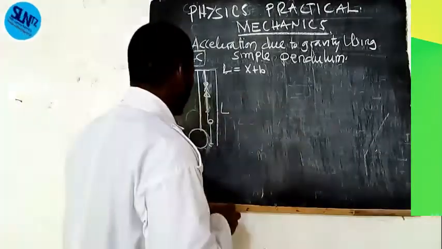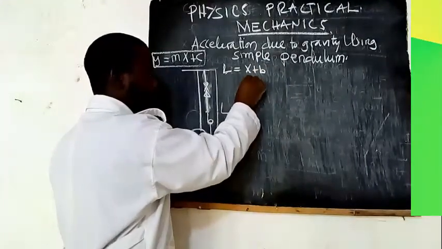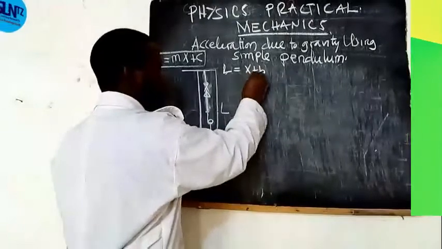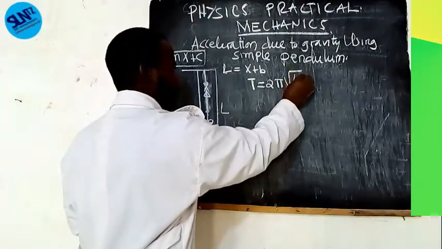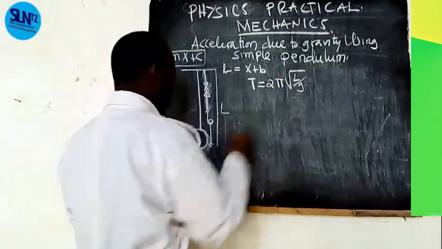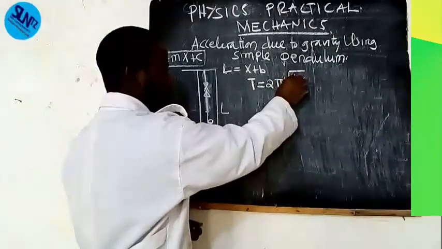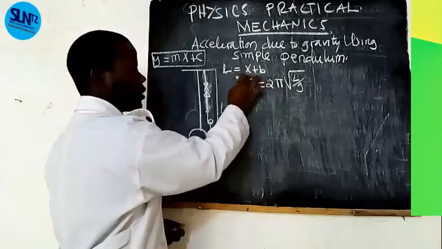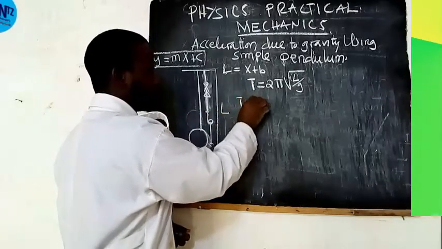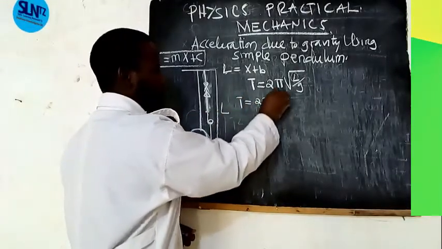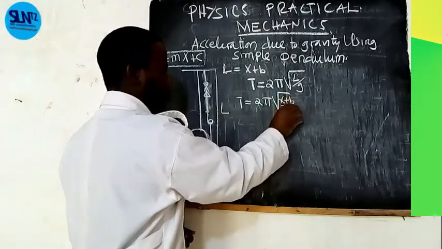The reflection is from the general equation t is equal to 2 pi square root of L over g, but this L is equal to x plus b, so the equation will be t is equal to 2 pi square root of x plus b over g.